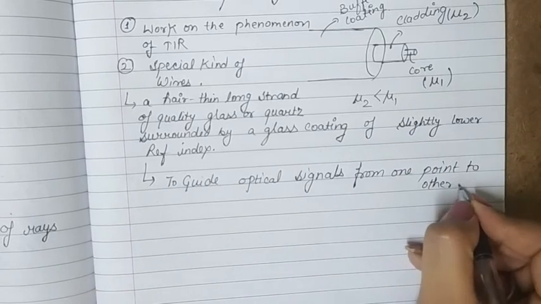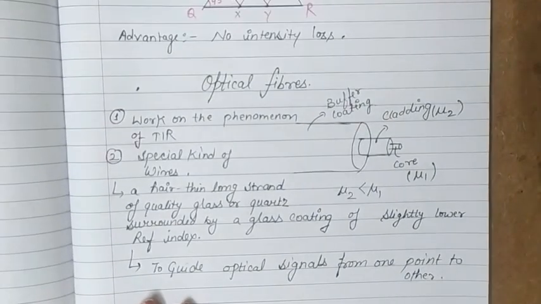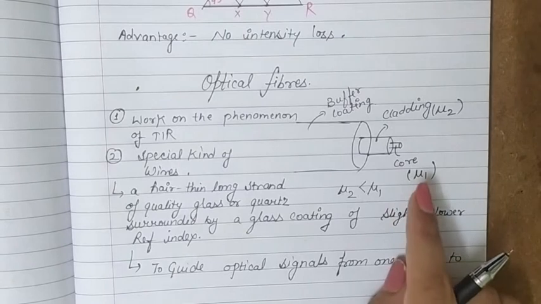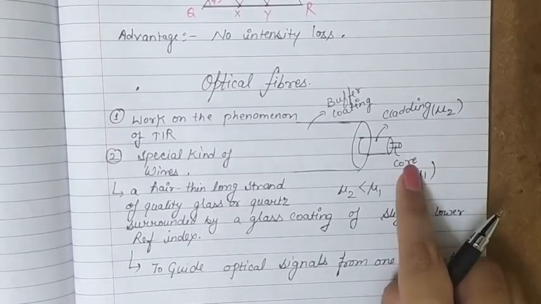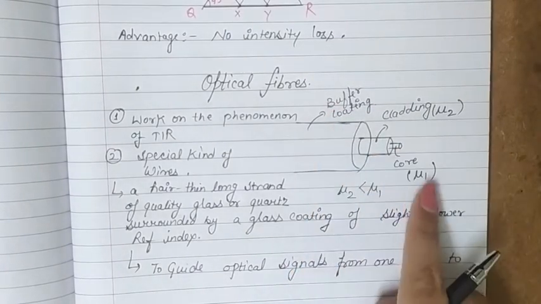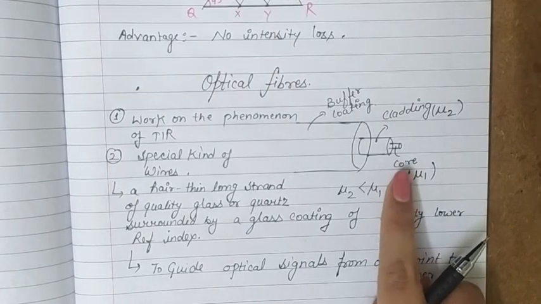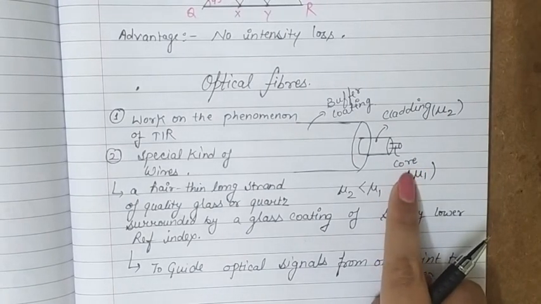Now as we can see the structure, the optical fiber consists of three main parts: core, cladding and buffer coating. We can see here, right? So core is the central cylindrical region which is made of high quality glass.